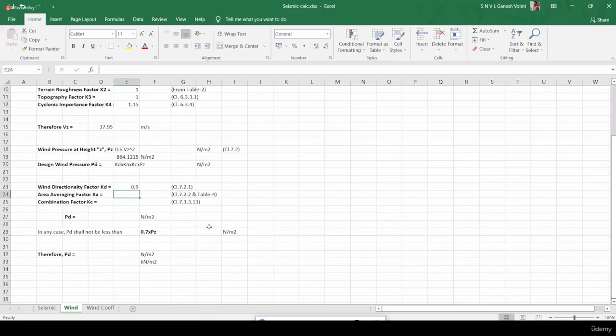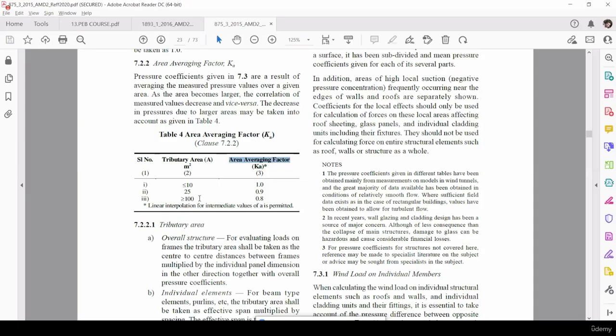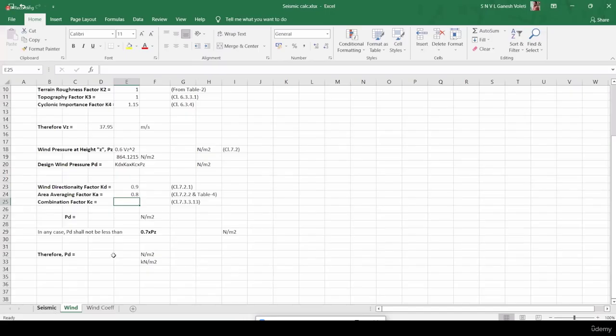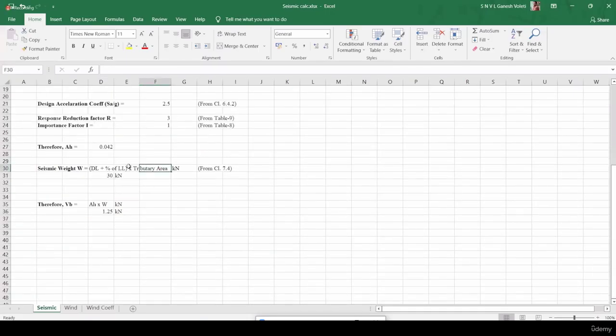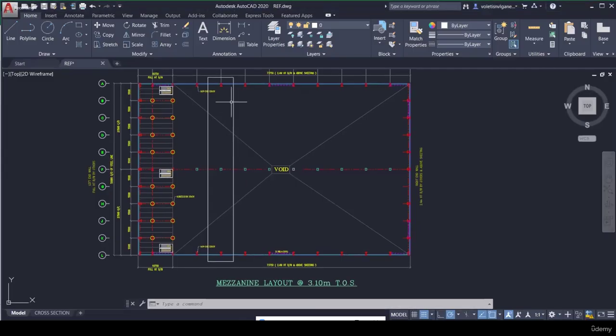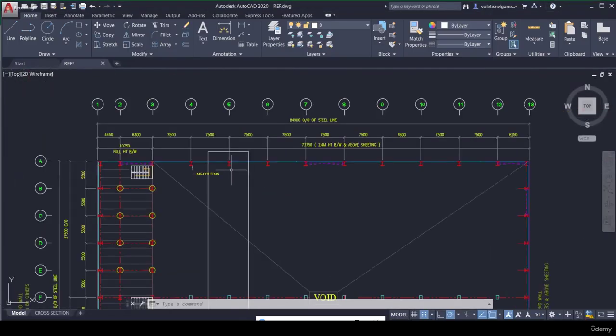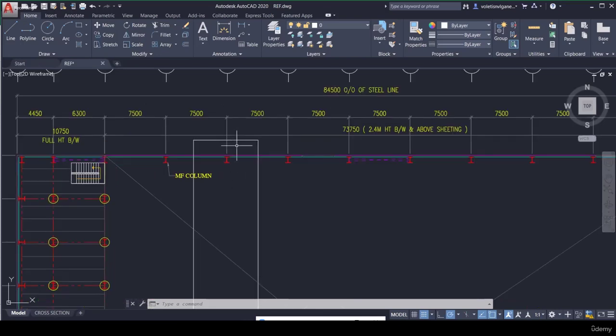So I am taking this as 0.8. Our tributary area is 100, 20 into 5. Do you have a clear idea? I told you about tributary area previously. In the seismic calculation, I noted down tributary area, and the same tributary area I am using here. Again, I'm telling you, don't confuse. The tributary is nothing but the load width. How much area is covered to take the load by a frame? That is called a tributary.